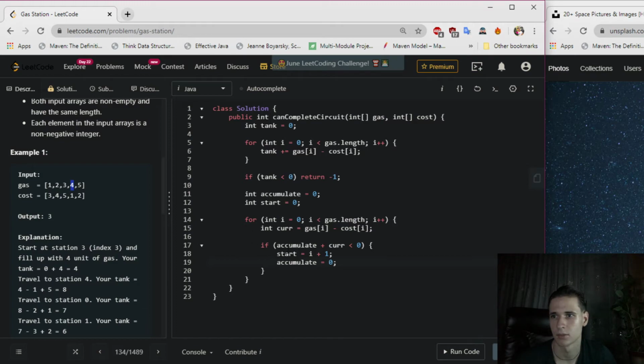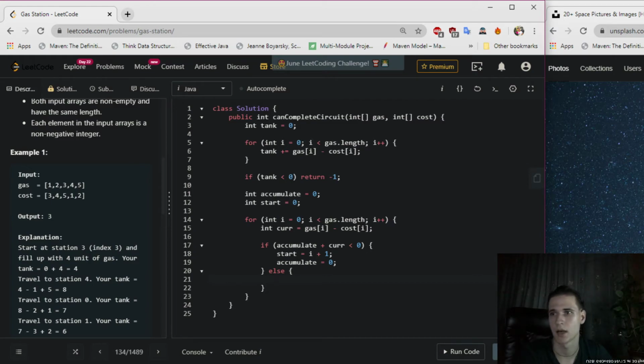And like here we just need to make sure that we have enough fuel to start our journey. If we have enough fuel to start our journey at the current station, we create another else condition.